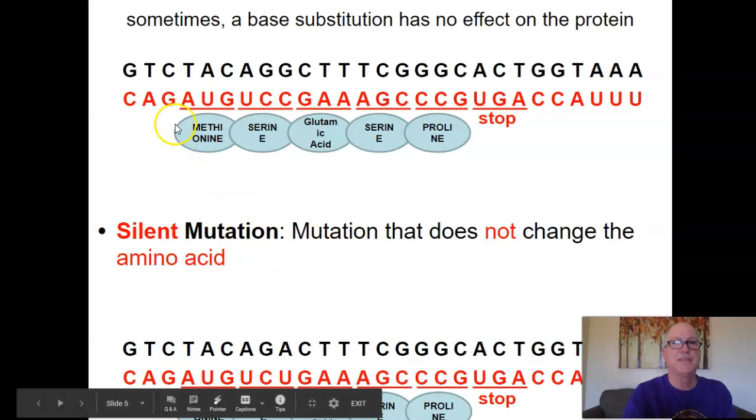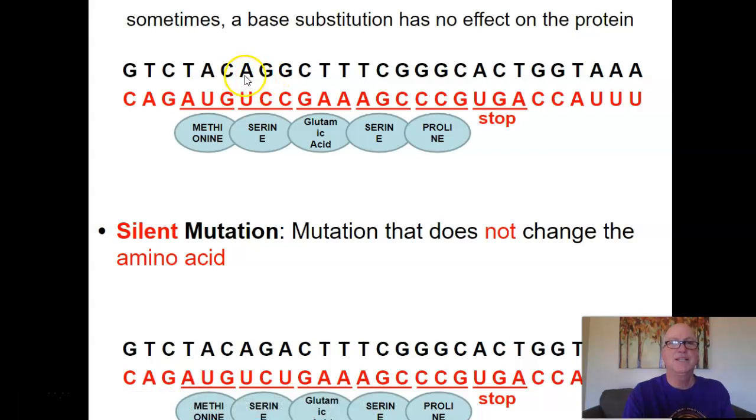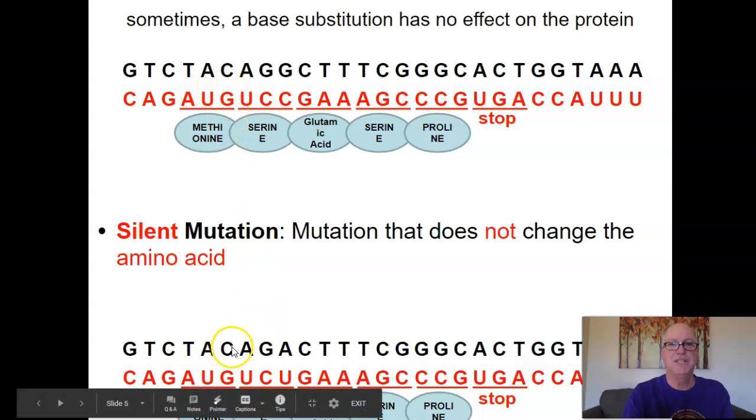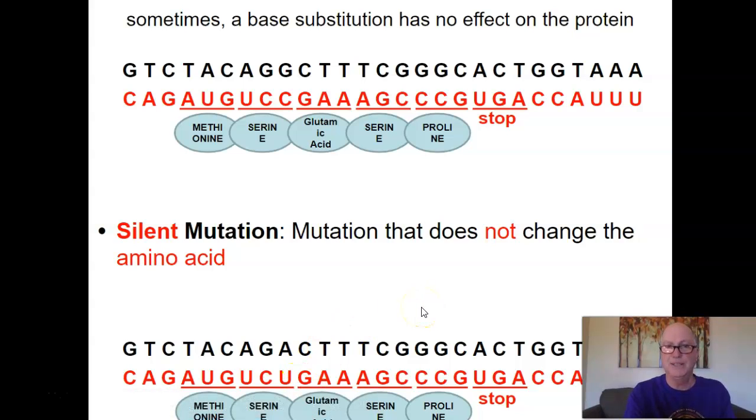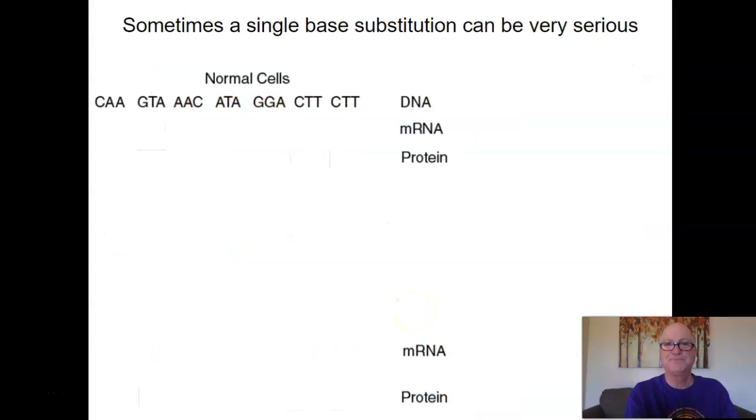For example, here we have GTC, TAC, that's all the same in this changed one, but here we've got AGA instead of G, so an adenine replaced this guanine, if you can see that right there. And as a result, it did change the codon, but the codon coded for the same amino acid, serine. So as a result, it's the same exact protein.